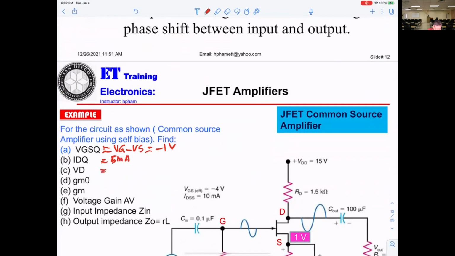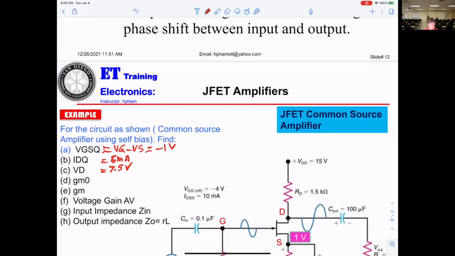VD, we already calculated equal what? It was 7.5 because it was 5 milliamps times 1.5K is 7.5, and 7.5 from 15 is 7.5.